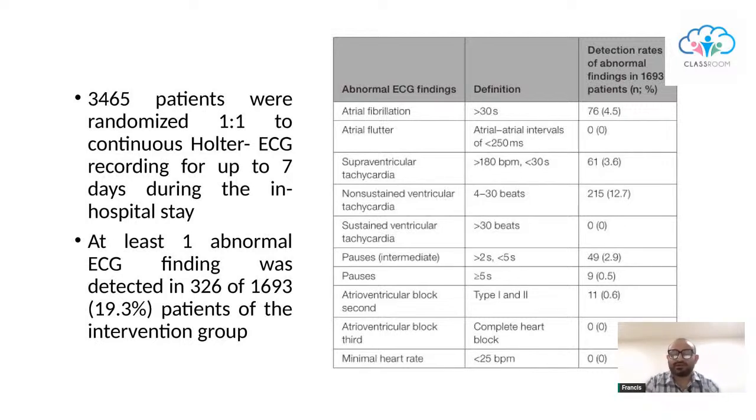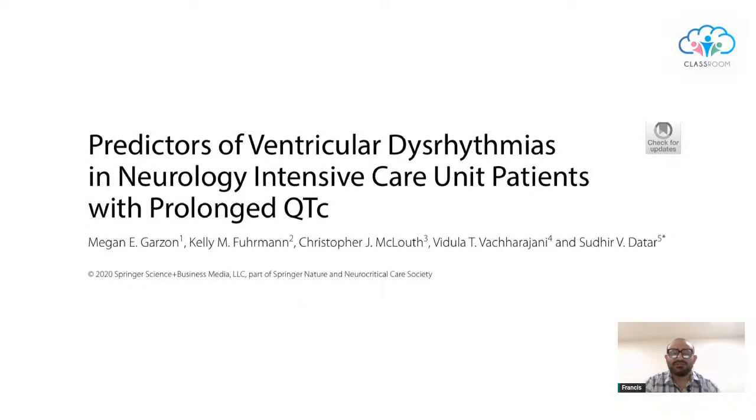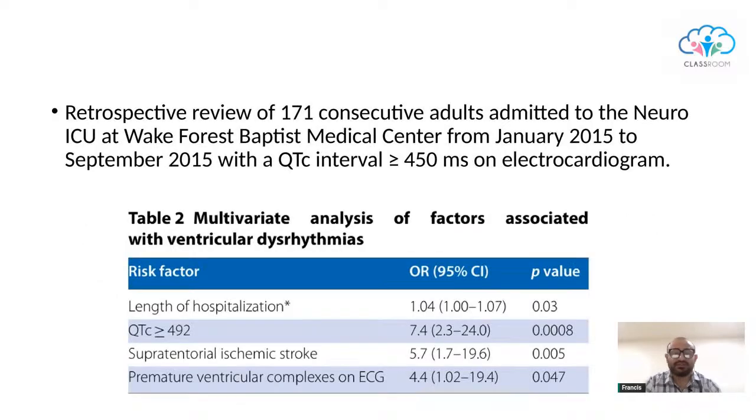I'll go over the morphologies of all of these ECGs in brief in the coming slides. This is another study published 3 years ago in the Neurocritical Care Society journal, which assessed the predictors of ventricular dysrhythmias in neurology intensive care unit patients who had prolonged QT on their ECG.